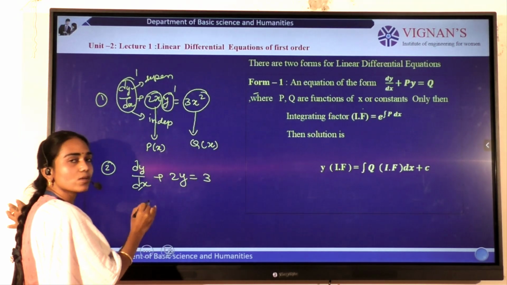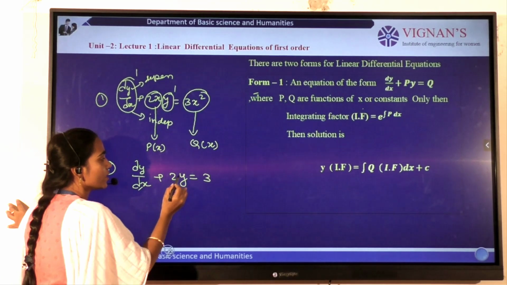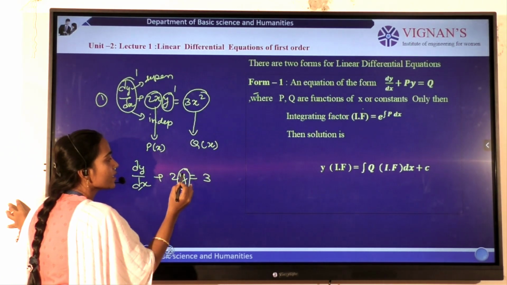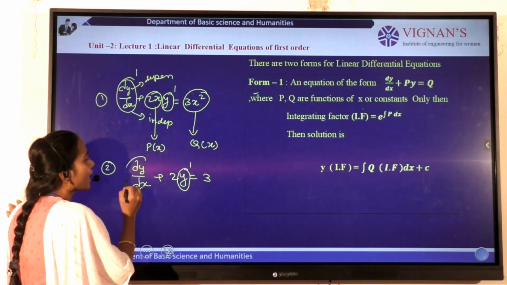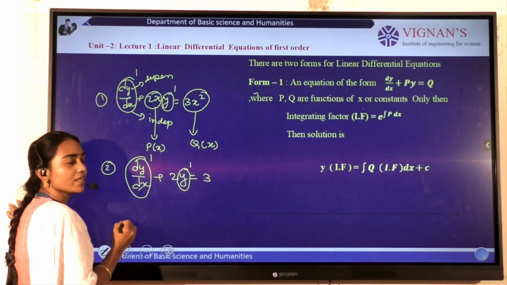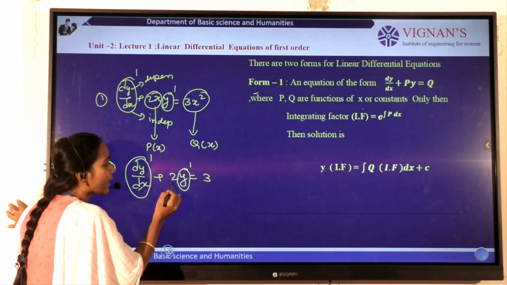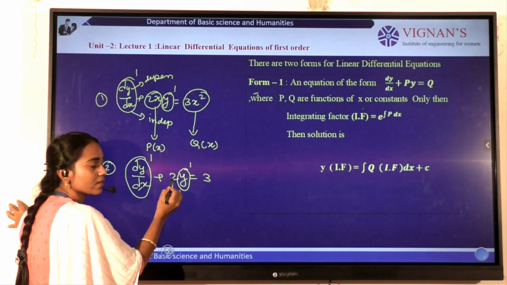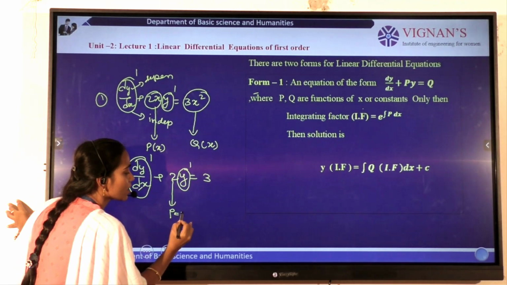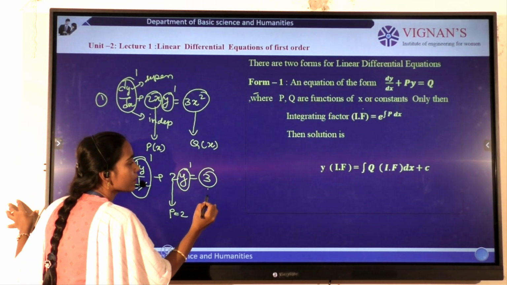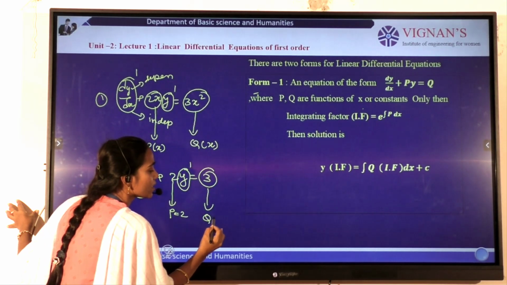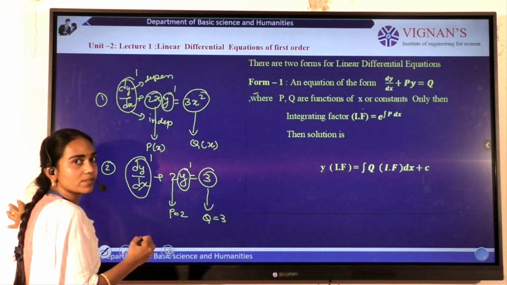Observe, this is also a linear differential equation of first order in y, because here y is of degree 1, and dy by dx is also of degree 1. The multiple of y is here 2, p, which is a constant, and the right hand side part is 3, q is equal to 3, which is also a constant.